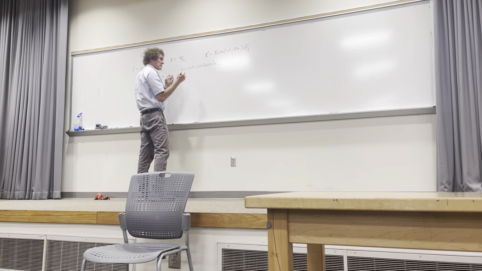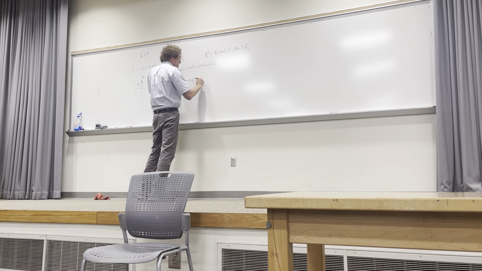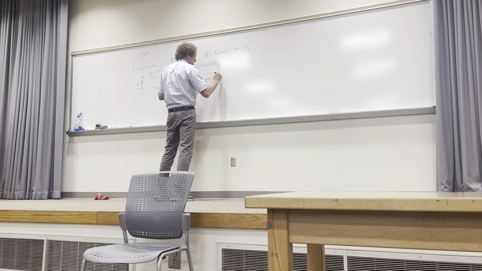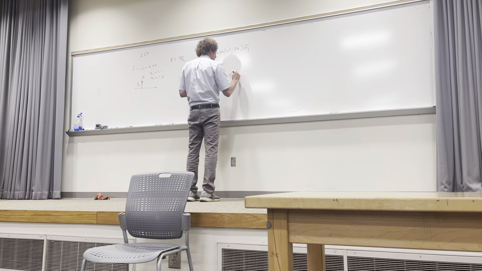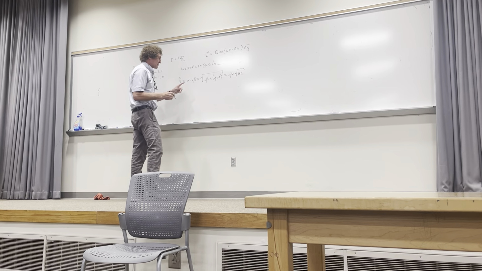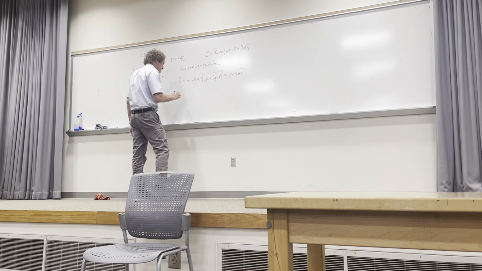Since it's lossless, the propagation constant is alpha plus j beta, which is the square root of j omega mu times (sigma plus j omega epsilon). With sigma equal to 0, this is just j omega times the square root of mu epsilon, strictly imaginary.